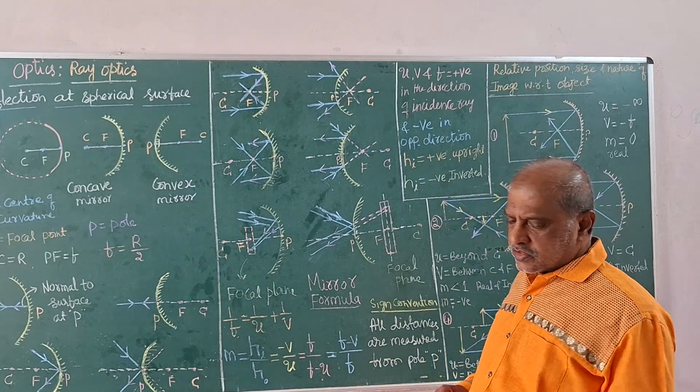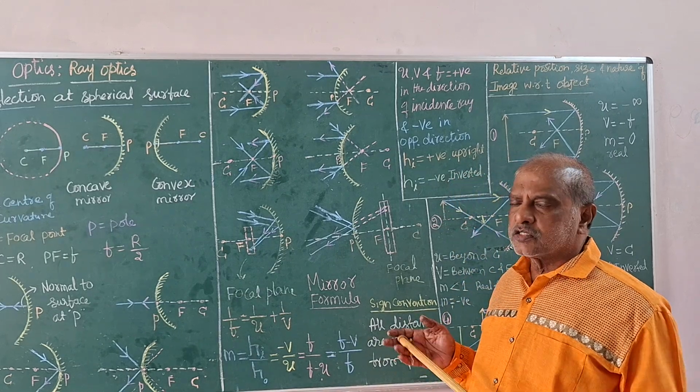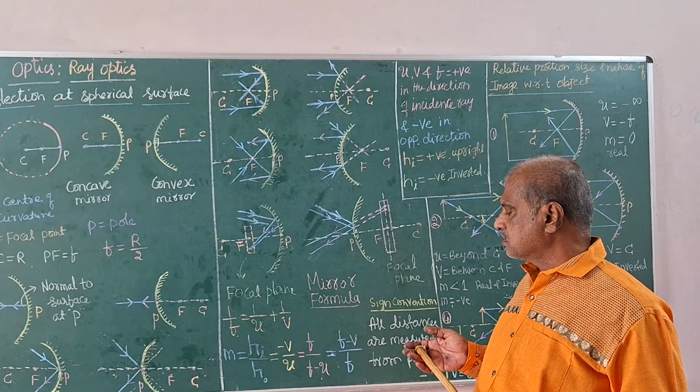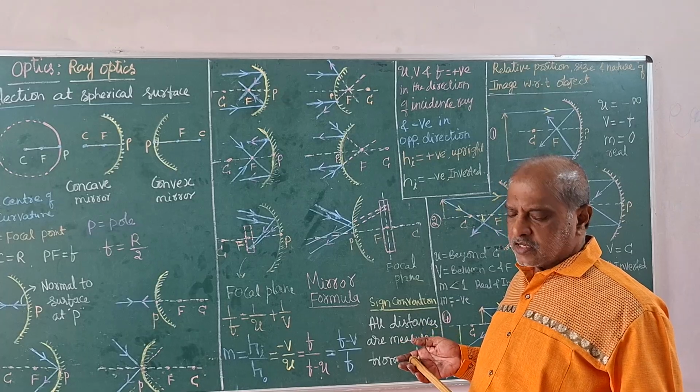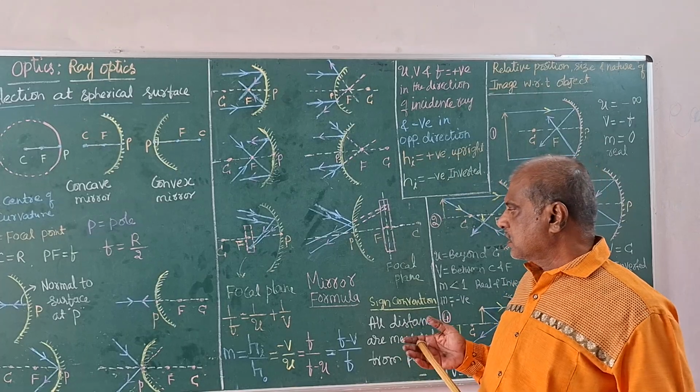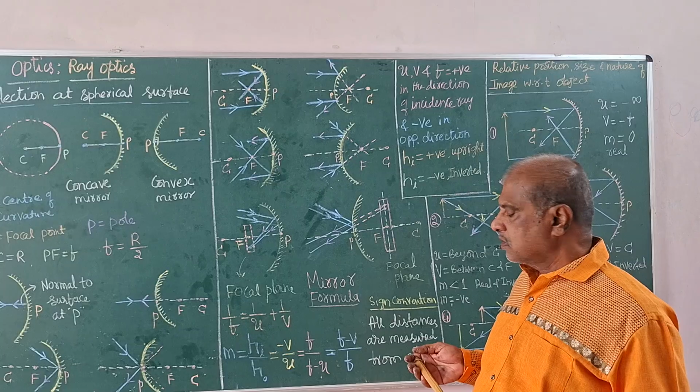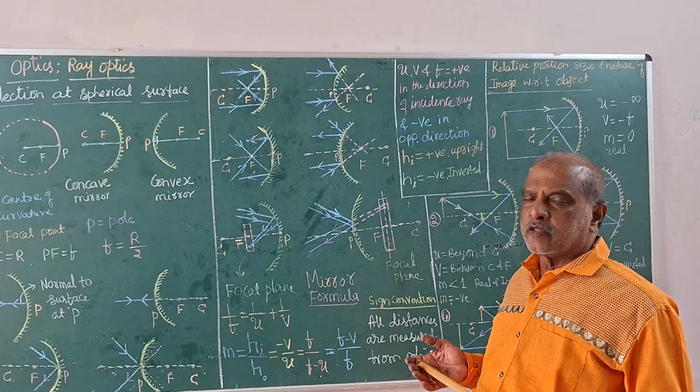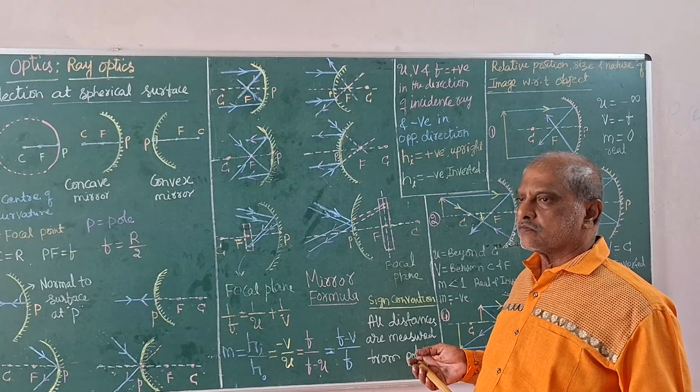And these quantities are assigned with sign conventions. Sign convention means the quantities are either positive or negative.